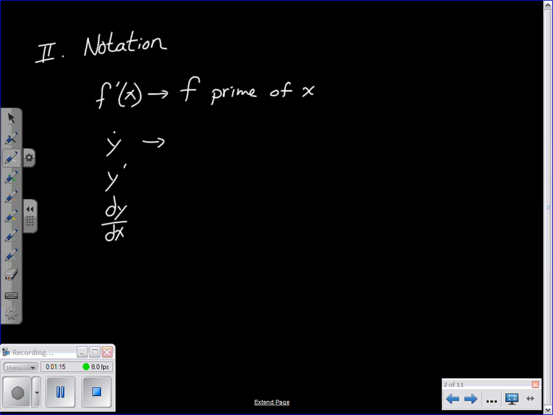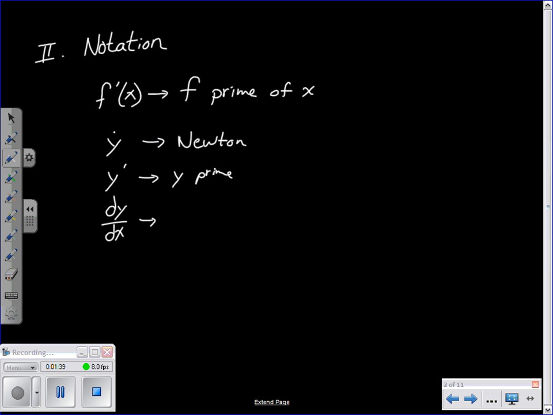If you see a y with a little dot above it, this was Newton's notation. So remember, Newton and Leibniz were the people that really founded and discovered calculus, and Newton denoted instantaneous rates of change as y with a dot above it. You'll also see, similar to f prime of x, y with an apostrophe, we would say y prime.